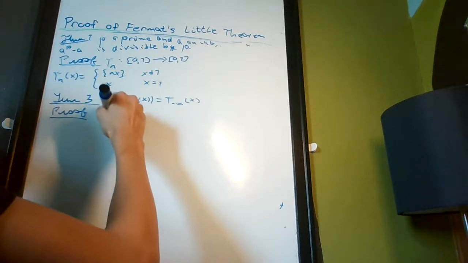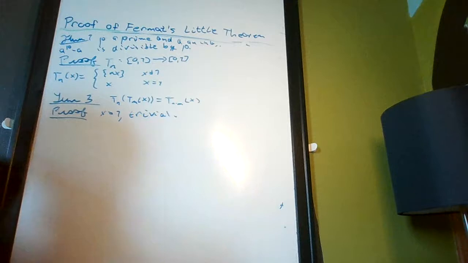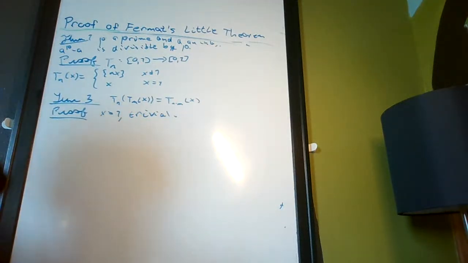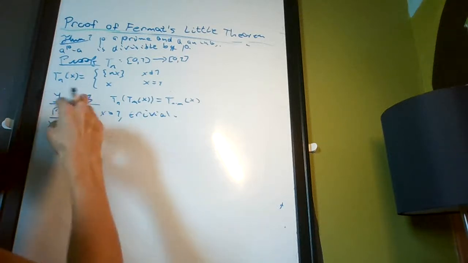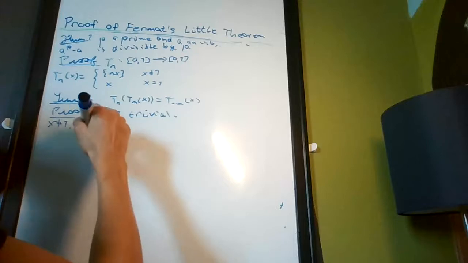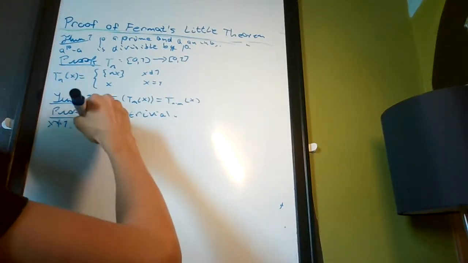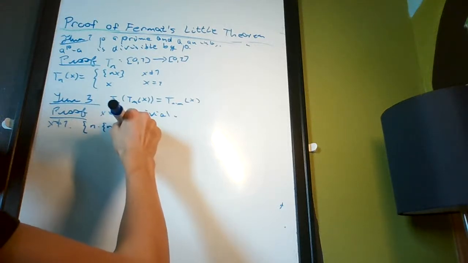If x equals 1, it's trivial because both of those map it to 1. So let's do it for x not equal to 1. Then we'll have the floor function of n times the floor function of m times x.